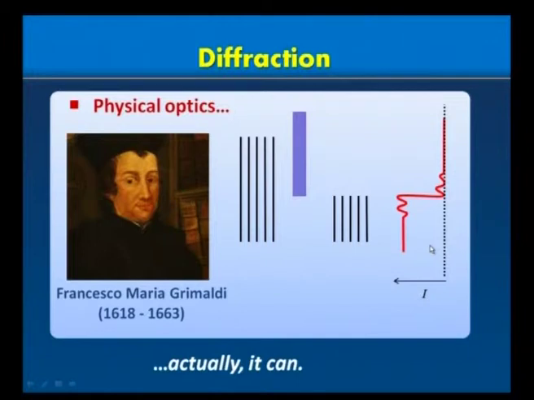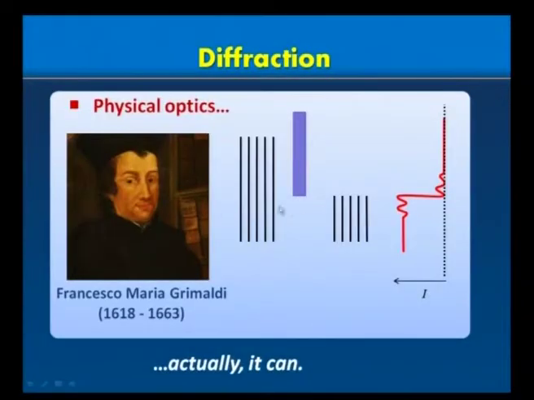But what you find is, in this region light is there, but in this region also there is some light. What does it mean? Light really bends around the obstacle. You look at the edge, light is coming here. In the earlier case, I showed only a straight line, like a rectangular box.